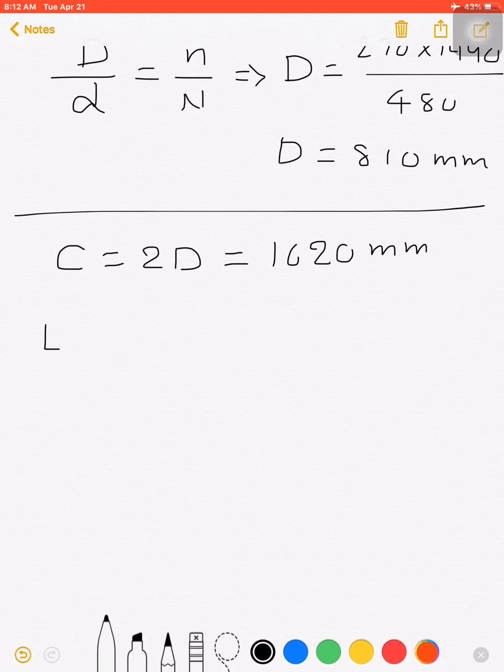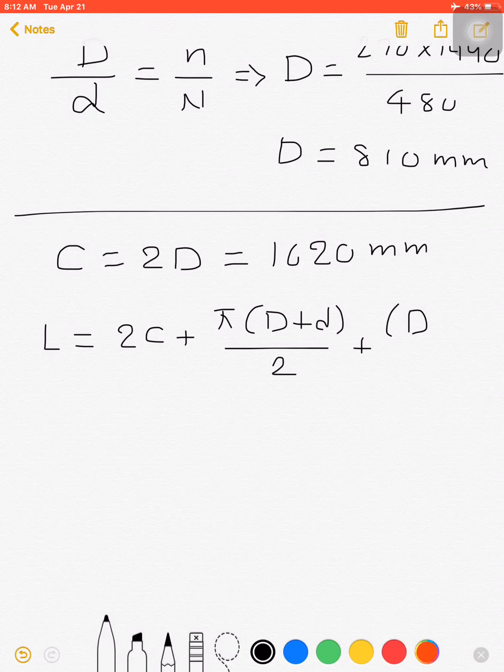Now the length of the belt drive is L equal to 2C plus pi into (D plus small d) by 2 plus (D minus small d) whole square by 4C. This is the formula for the length of the belt.